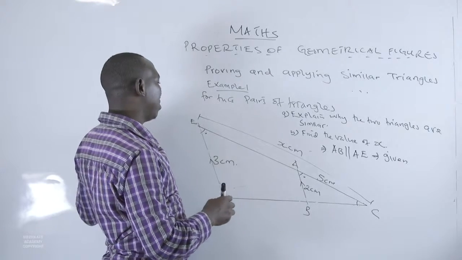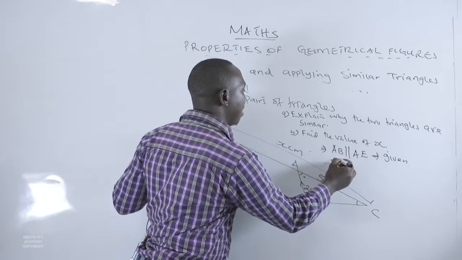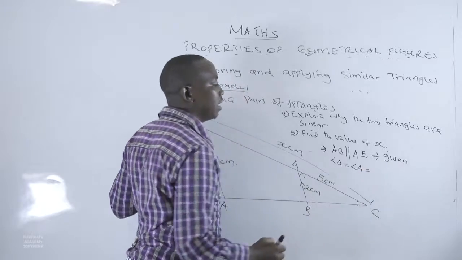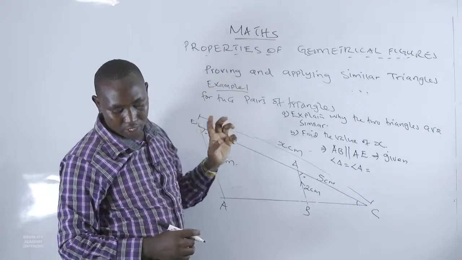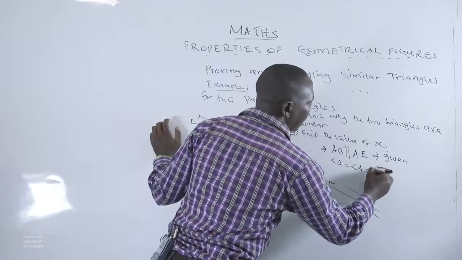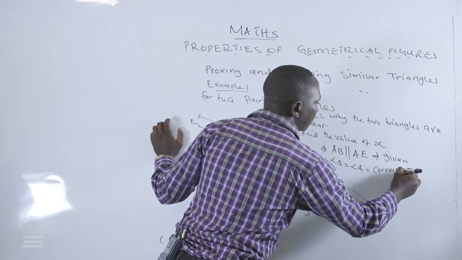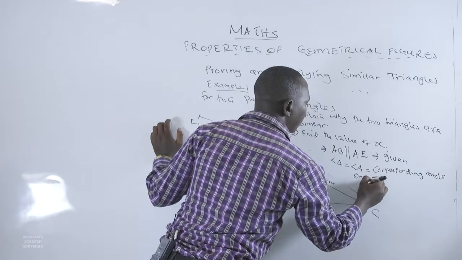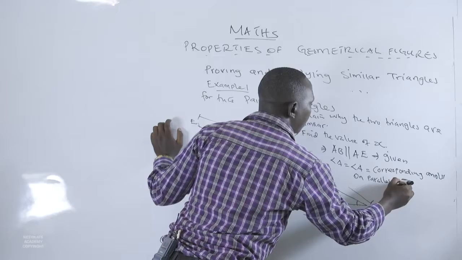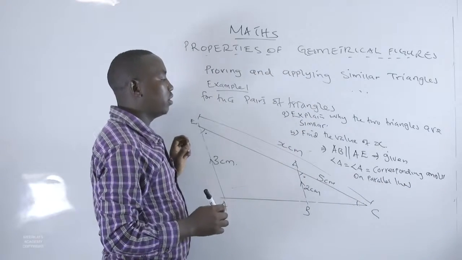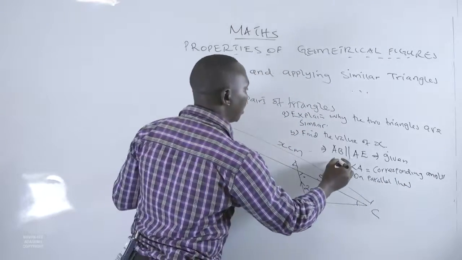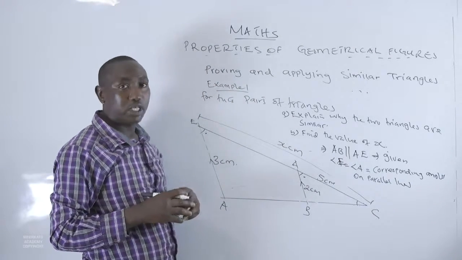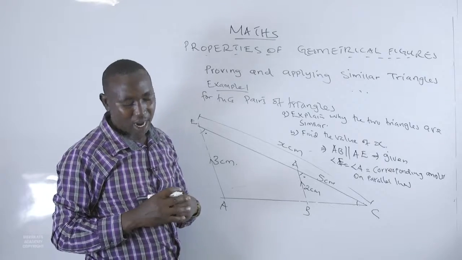In that case, we can say that angle A is equal to angle E. And the reason we are giving is corresponding angles on parallel lines. This angle E and angle A are corresponding angles of parallel lines.